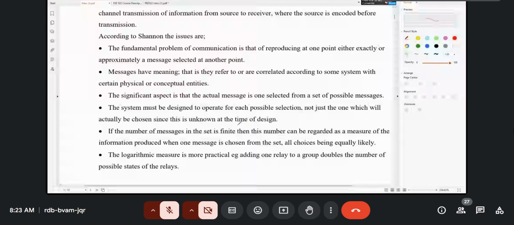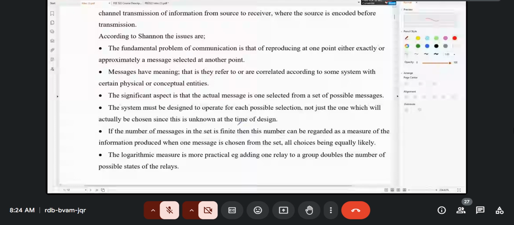The system must be designed for each possible selection, not just the one that will be chosen, since it is unknown at the time of the design. So your system must be designed to carry any of the possible messages.